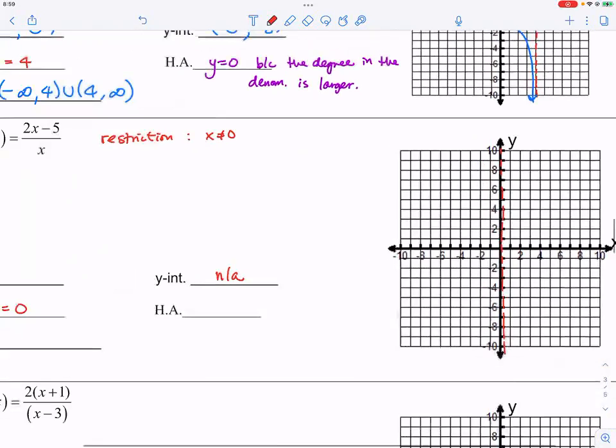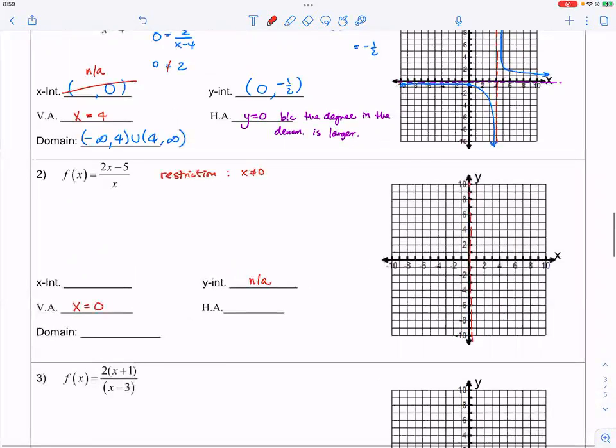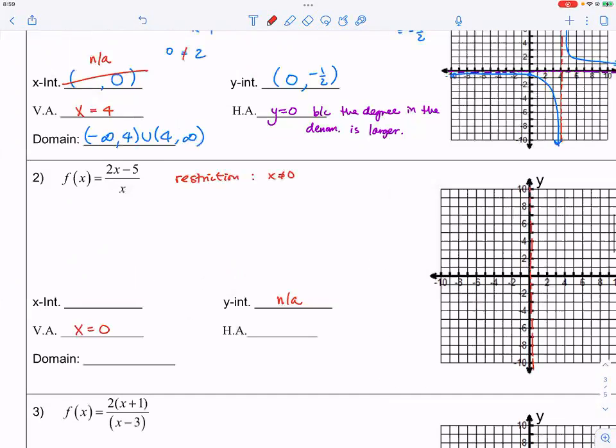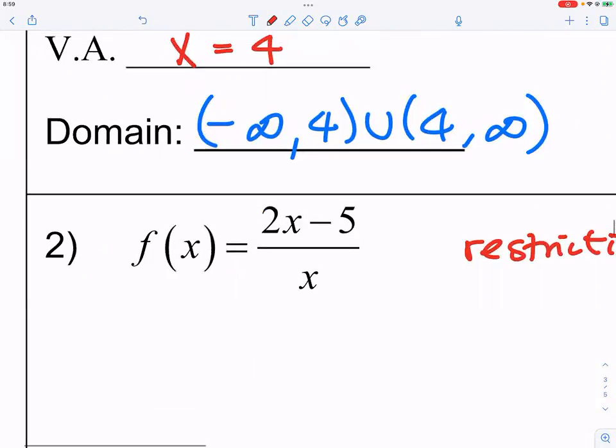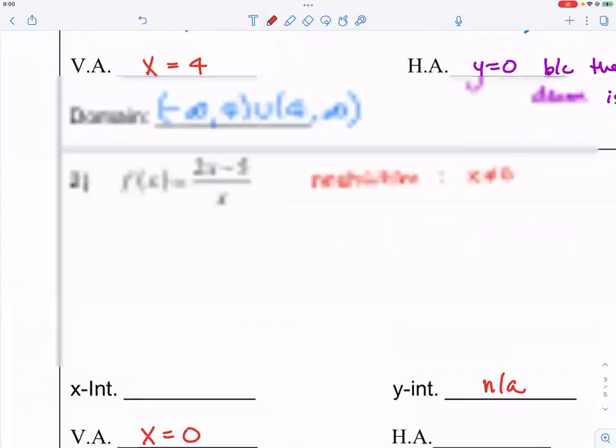So therefore, it is impossible to have a y-intercept. And if you did not see it, you can still think about it: finding the y-intercept means putting 0 into our x value. Once you think about putting 0 into x, there's 0 in the denominator, and it's going to be undefined. It's bad.